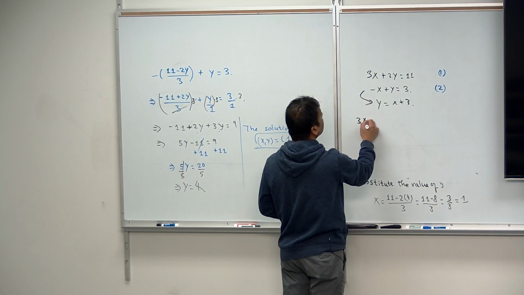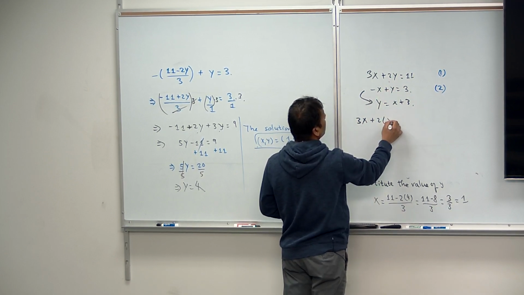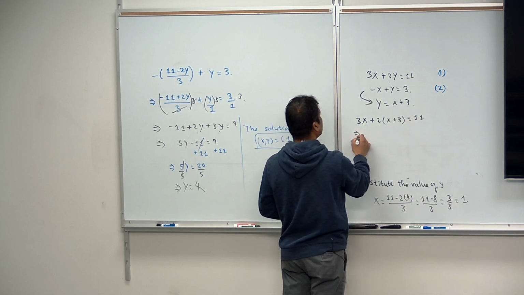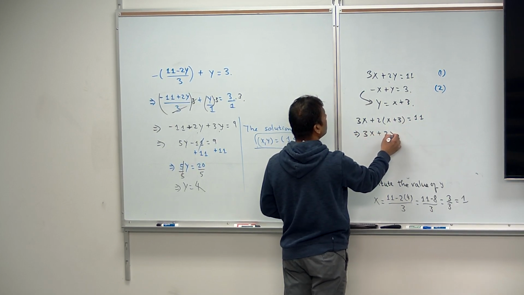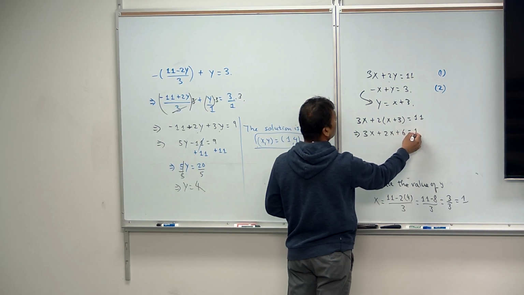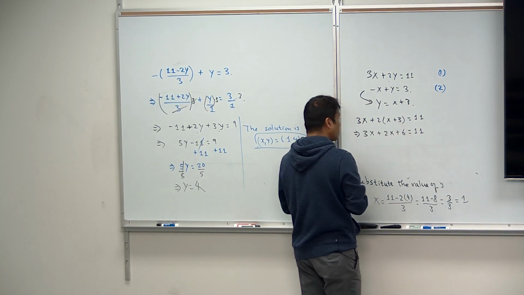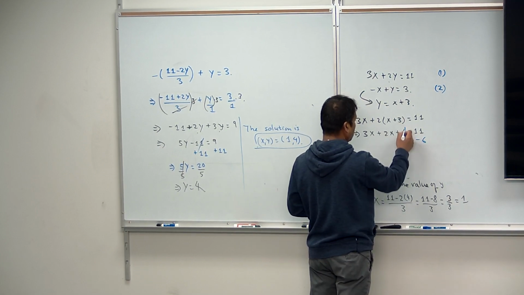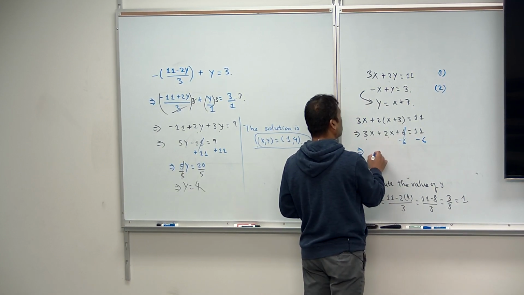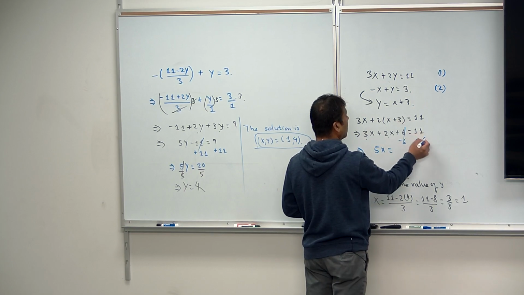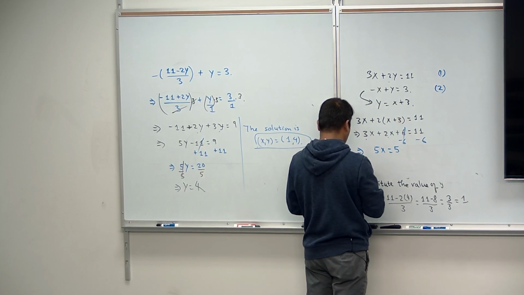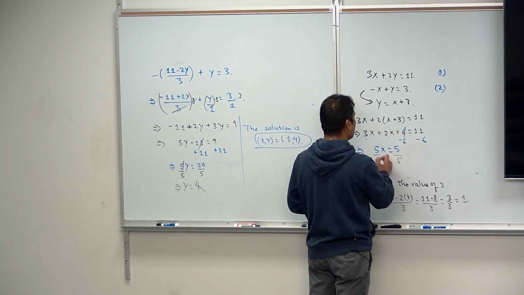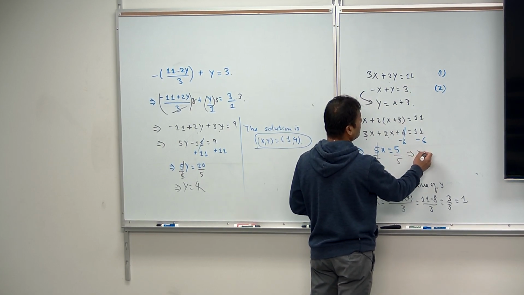So you substitute here. You have 3x plus 2 times y, which is x plus 3, equal to 11. So that is 3x plus 2x plus 6 equal to 11. You subtract 6 from both sides. So 3x plus 2x is 5x equal to 11 minus 6, which is 5. You divide both sides by 5.